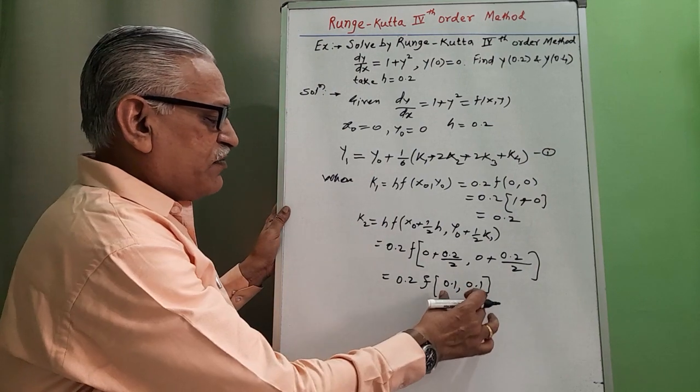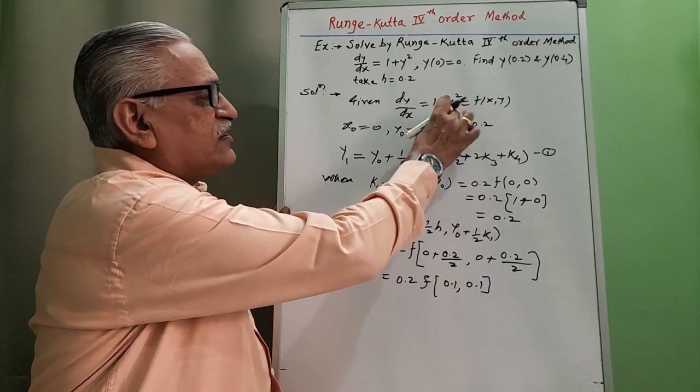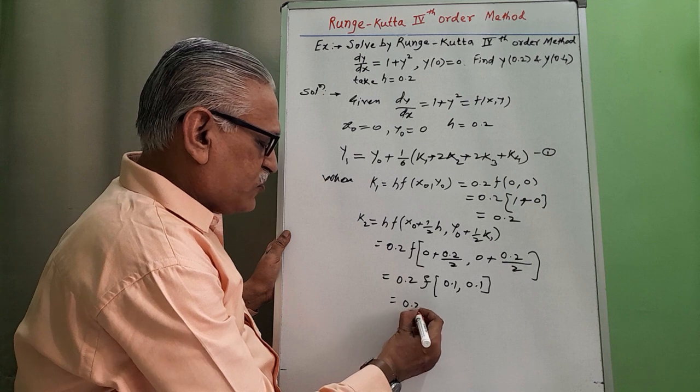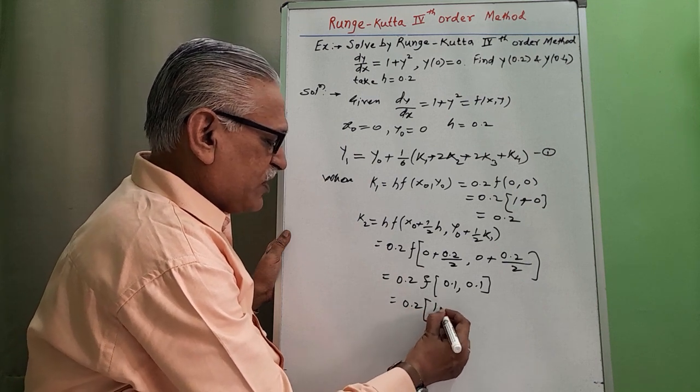And then obtaining the value by this, we get 0.2 multiplied by 1 plus y square.